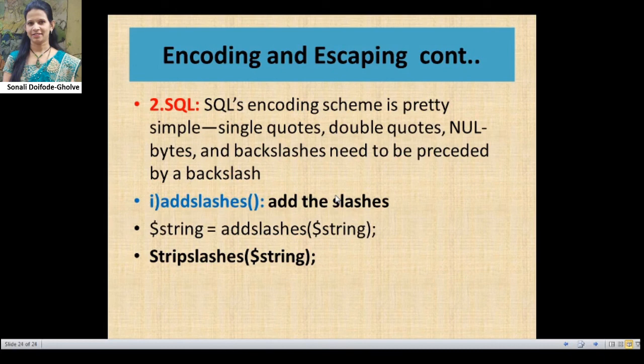Single quotes, double quotes, null bytes, and backslashes need to be preceded by a backslash. For this we can use the function addslashes to add slashes in a string, and when we want to remove these slashes, we use the function stripslashes to remove them. Okay, thank you.